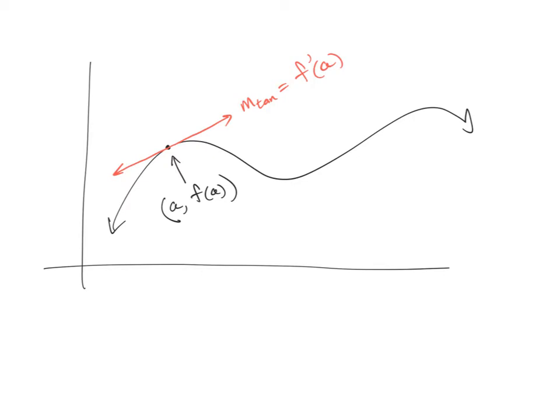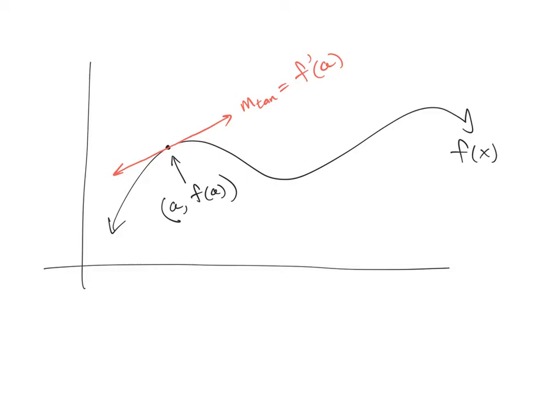So here you have a function, this little curve right here. This is f of x, some function. And you pick a point right here, a comma f of a.